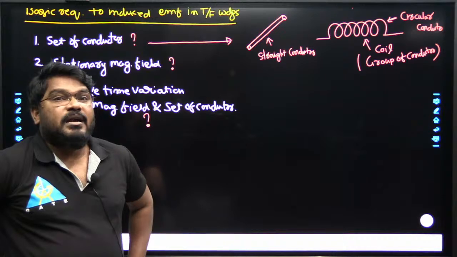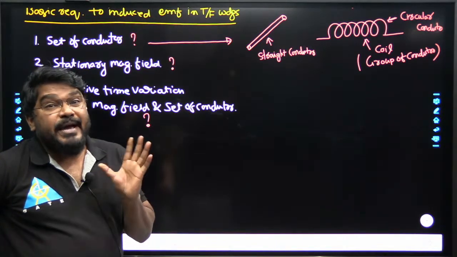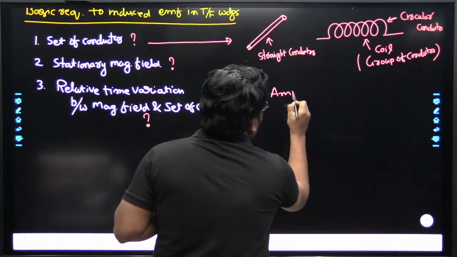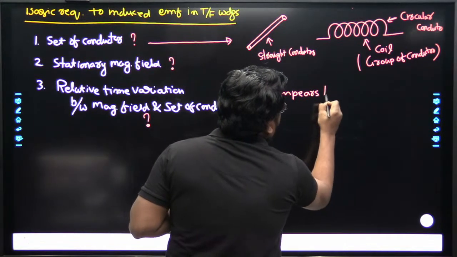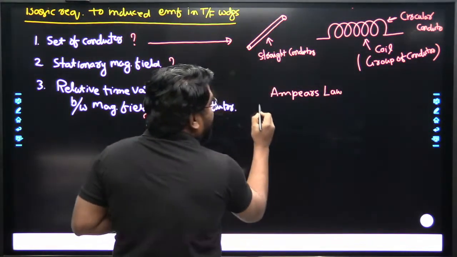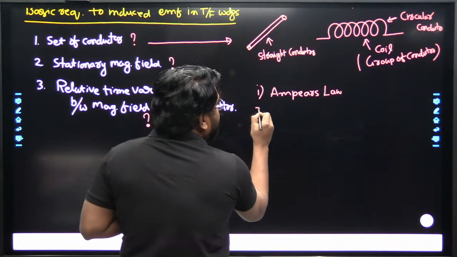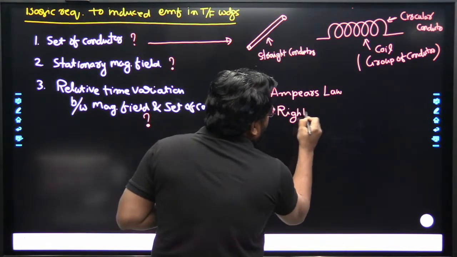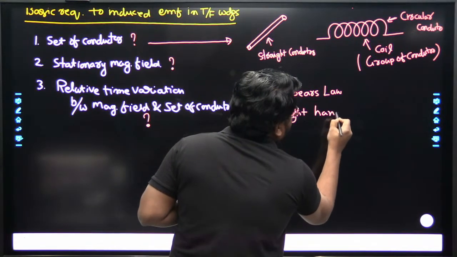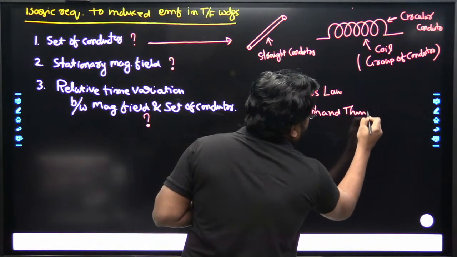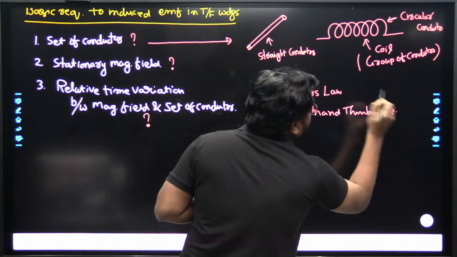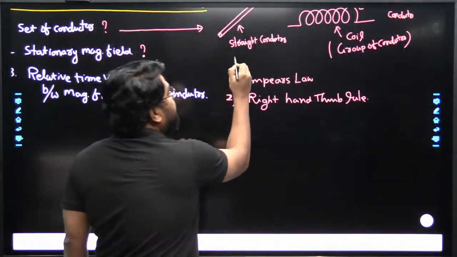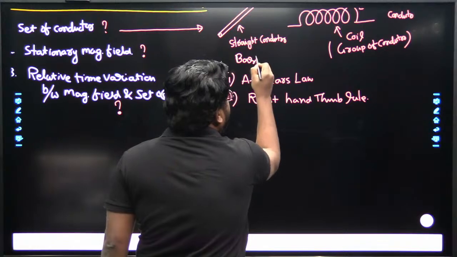We have two laws here. One is Ampere's law, and the second one is the right hand thumb rule. What are these two laws, and what is their purpose? They are the basic laws in the magnetic circuit.